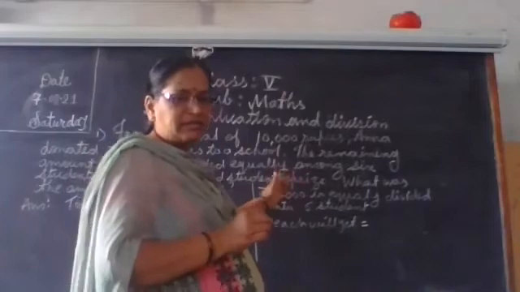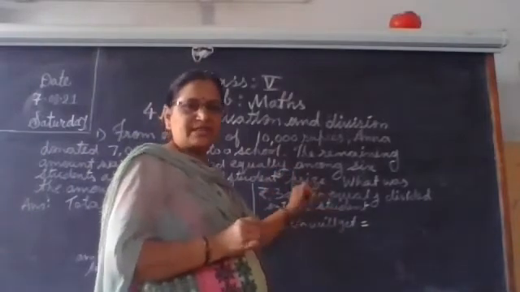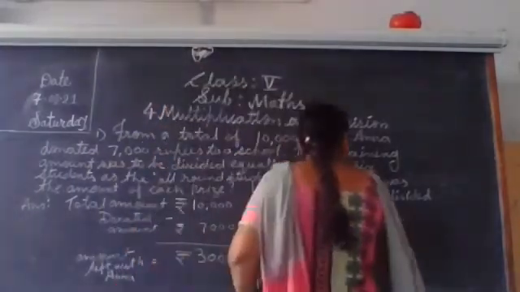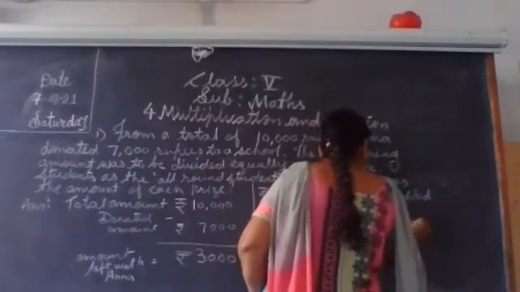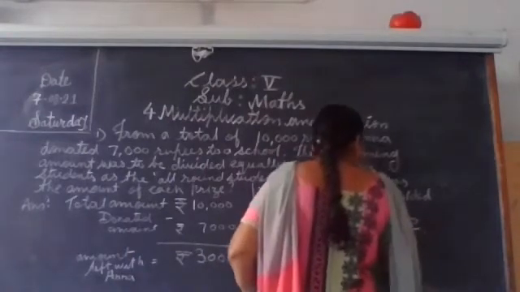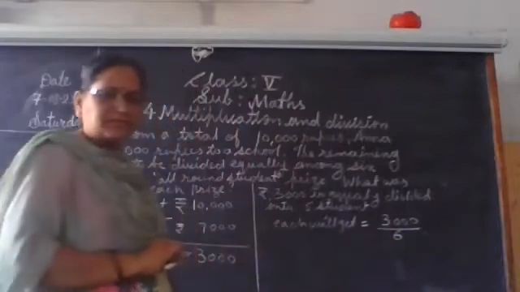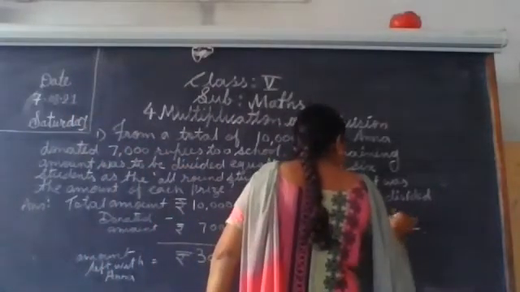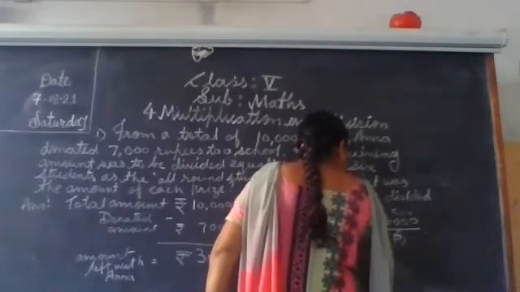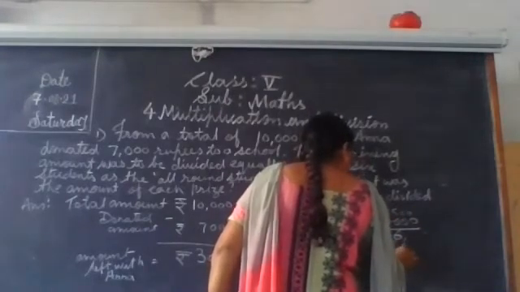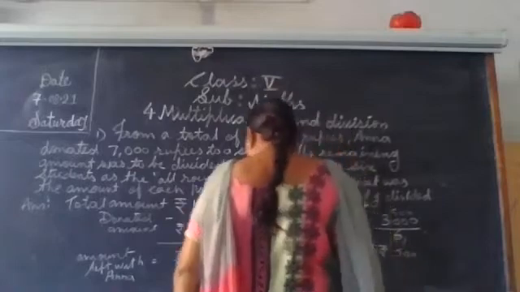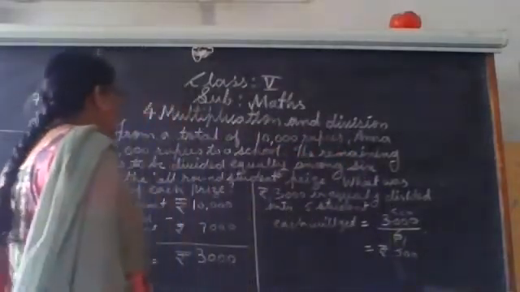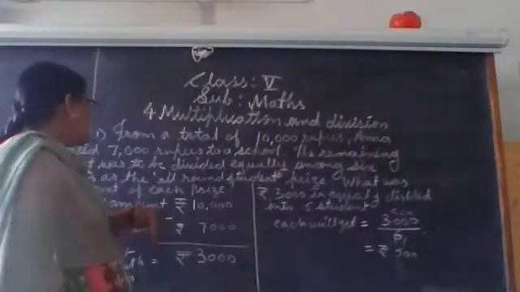We will divide this 3,000 by 6. So what is the answer? 6 into 30 is 5, and then 0, 0. So the answer is rupees 500. So what was the amount of each prize?